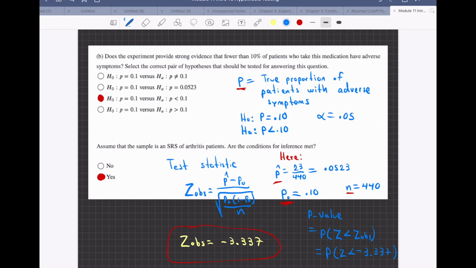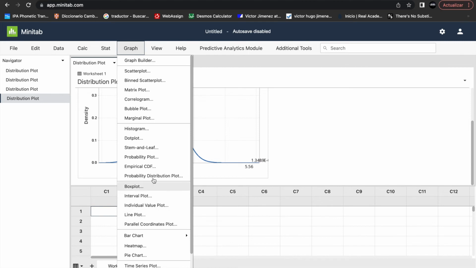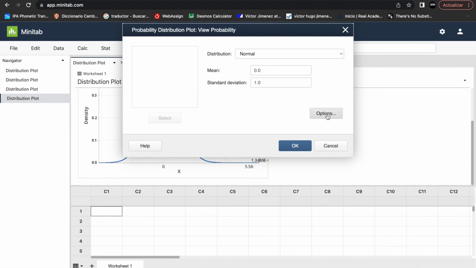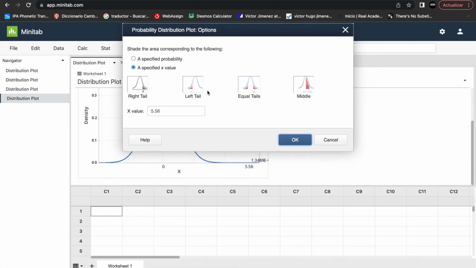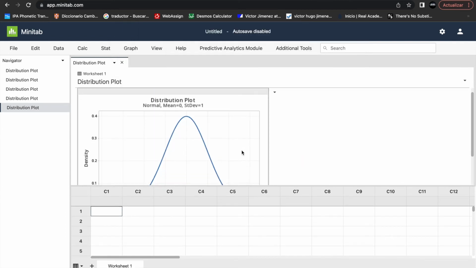And what is that? Again, here you will have to use Minitab to compute this. Go to Minitab, graph, probability distribution plot, view probability, okay. Options is less, so it's a left tail, and type the number here for the observed statistic, negative 3.337, and then okay, and there you have.